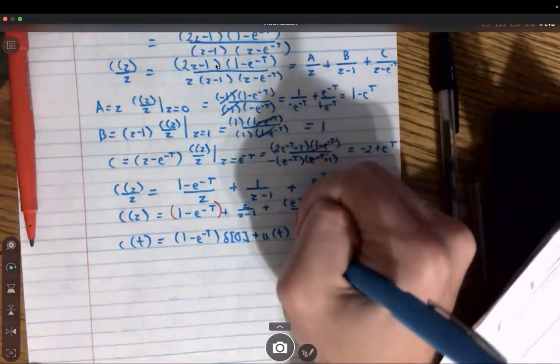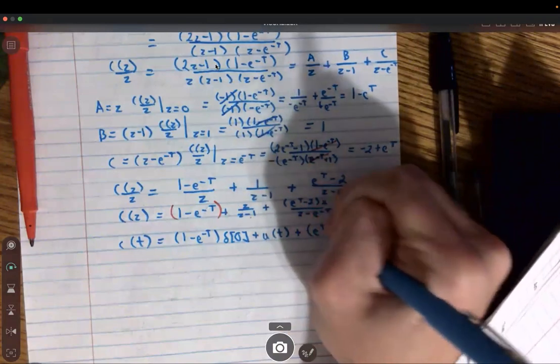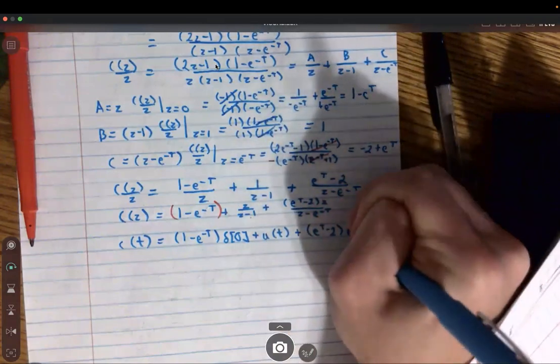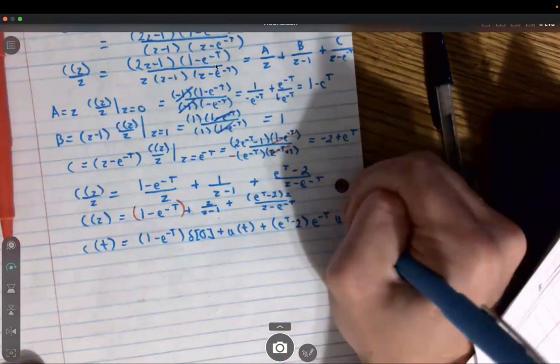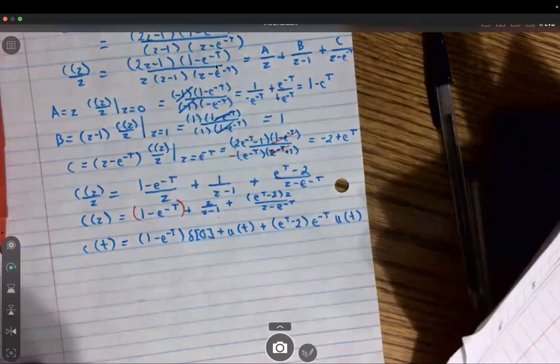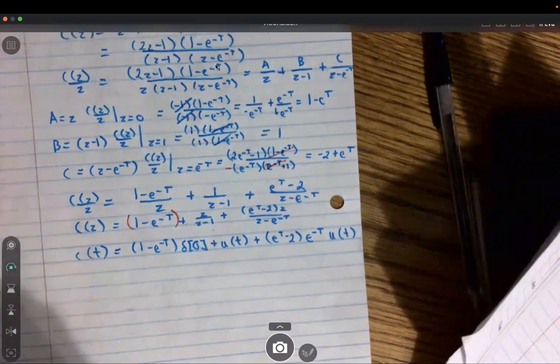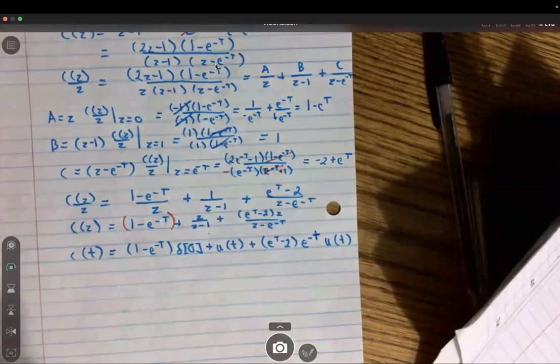And so this would be plus my constant in front, e to the t minus 2, and then e to -t, multiplied by our u of t. E to -t multiplied by t. Okay, now that we had that, sorry, this is continuous time t.